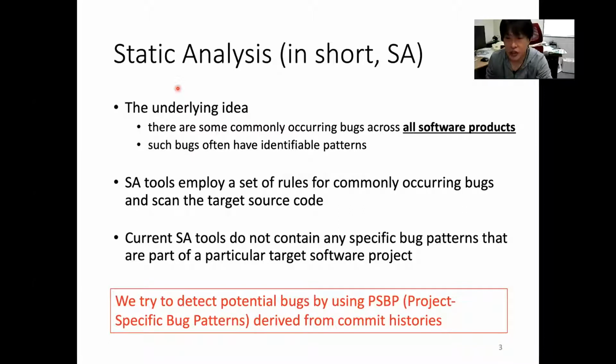However, we consider there is an issue in current static analysis tools. That is, current static analysis tools do not contain any specific bug patterns that are part of a particular target software project. So in this research, we try to detect potential bugs by using project-specific bug patterns derived from commit histories.